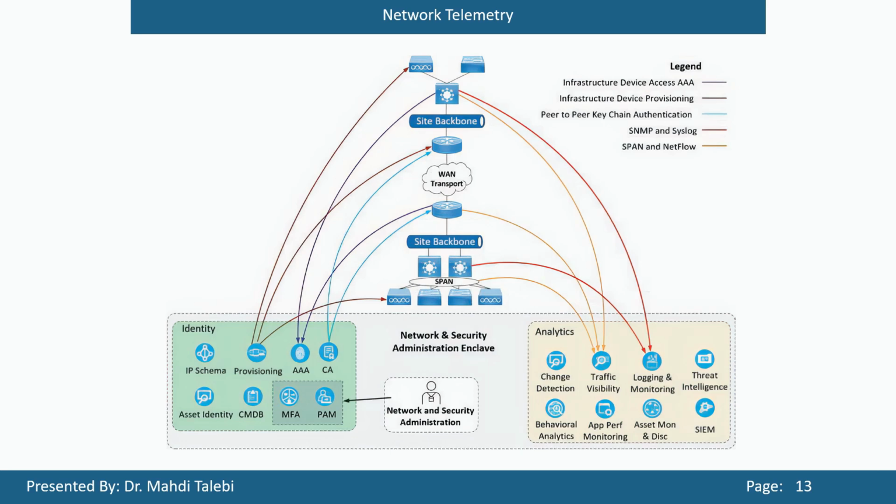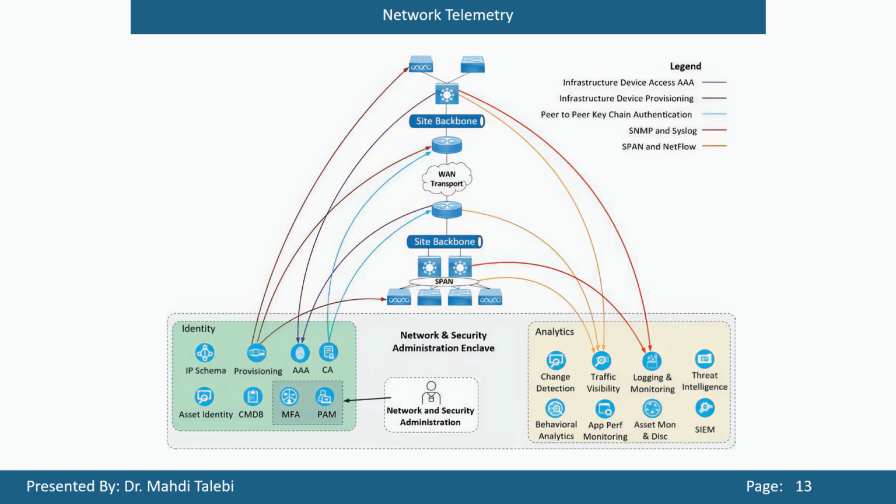Traffic through the network flows from one site backbone to another, traversing the wide area network transport layer. Throughout this journey, different types of data exchanges and authentications occur, such as peer-to-peer, keychain authentication, and infrastructure provisioning. These processes are vital for securing data transfers and maintaining the integrity of the network communications.